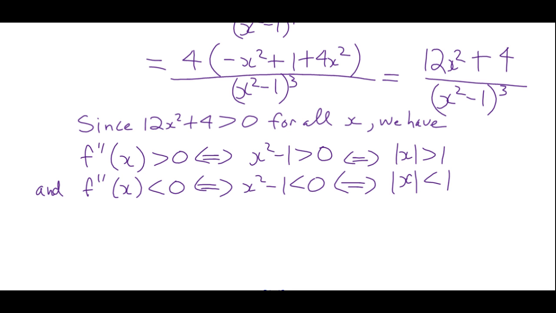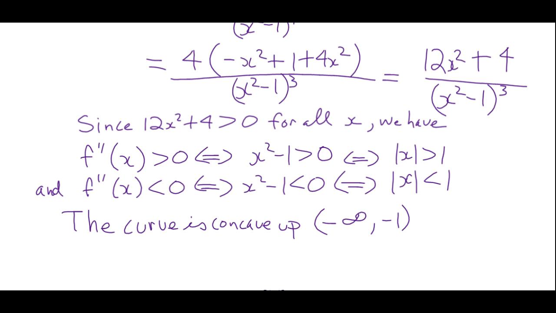So what does all this mean? The curve is concave up from negative infinity to negative 1, and from 1 to infinity. Okay, that's where x is greater than 1. That's where the absolute value of x is greater than 1, right?